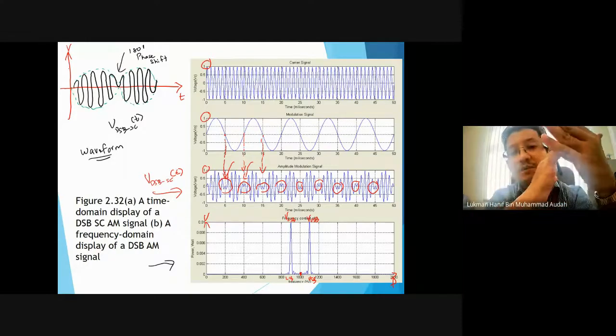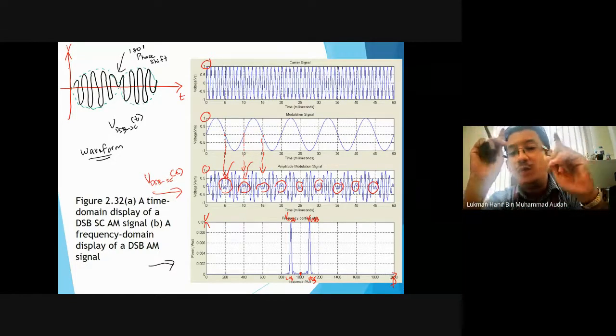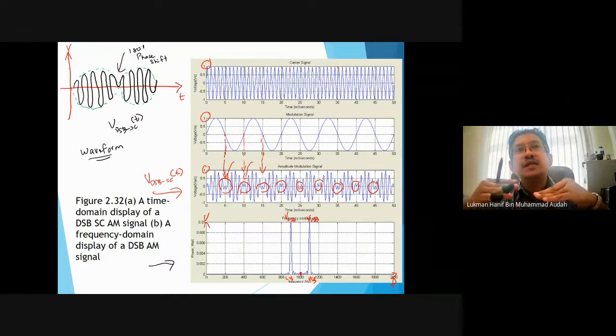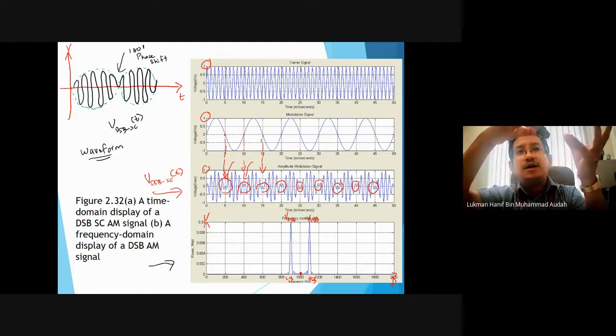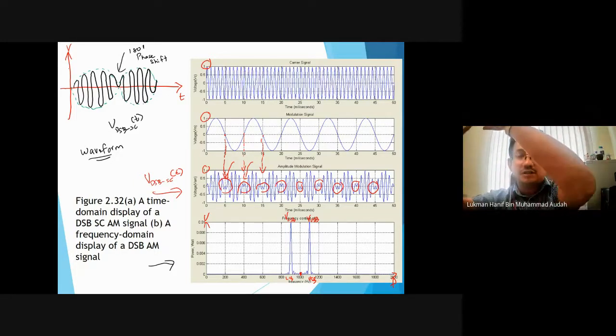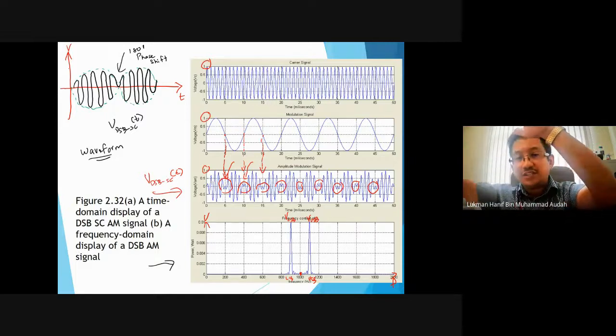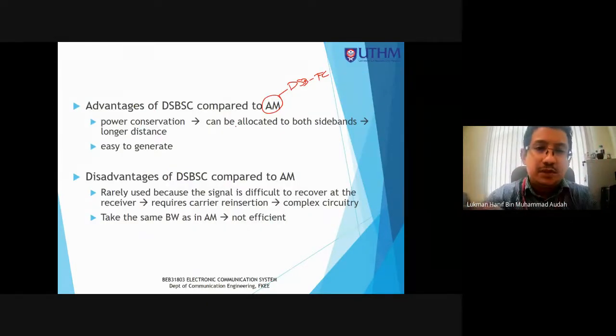Carrier component tidak membawa sebarang information. That's why ideally we want the sideband power to be as high as possible, so that we can transmit the information across the channel over a long distance. Okay, so power can be allocated to both sidebands, longer distance.